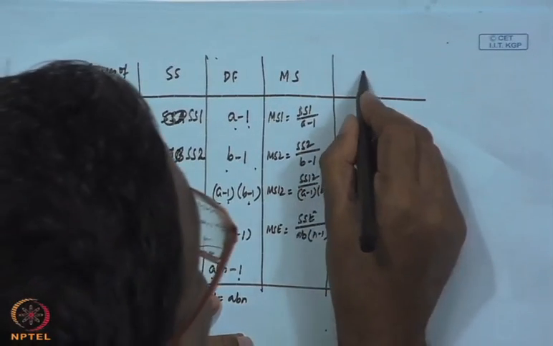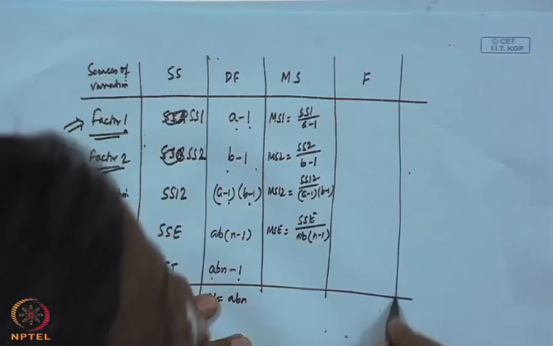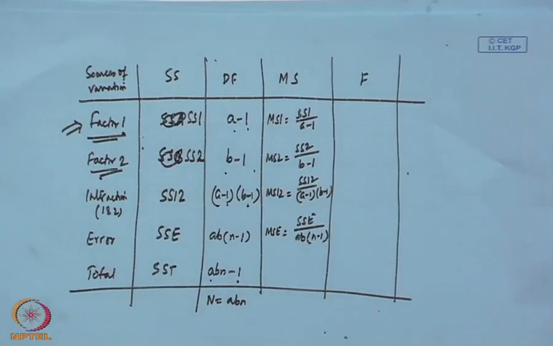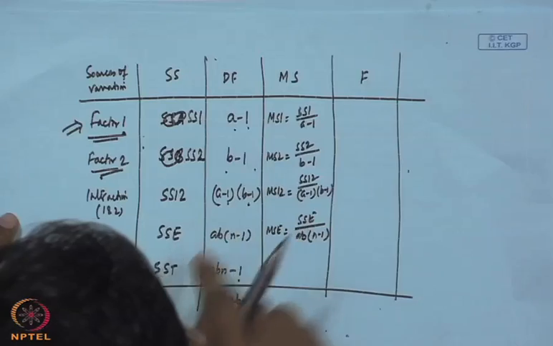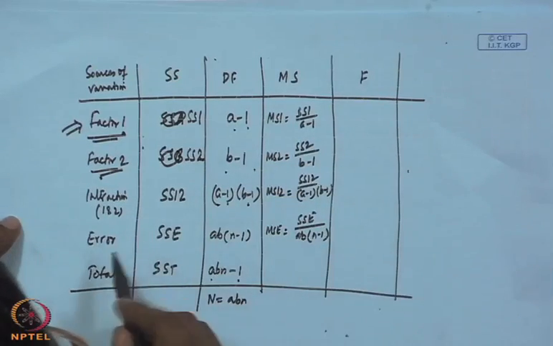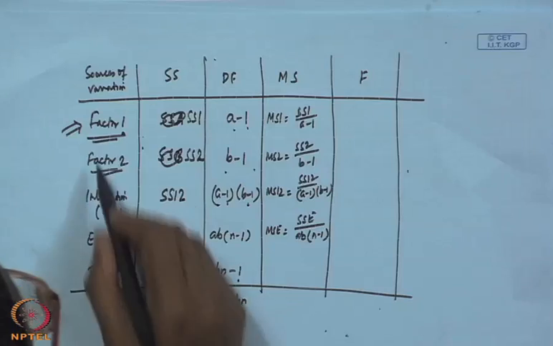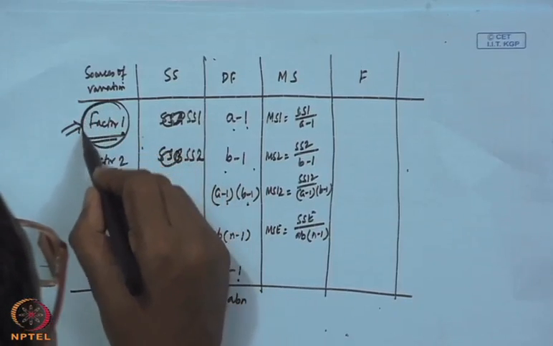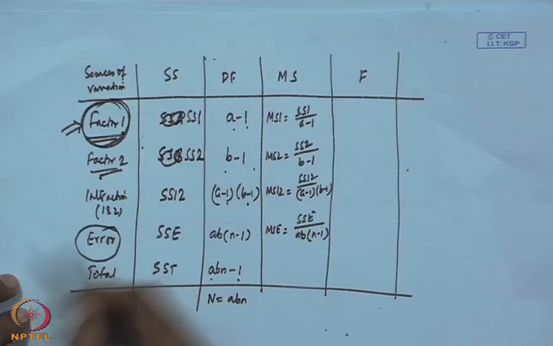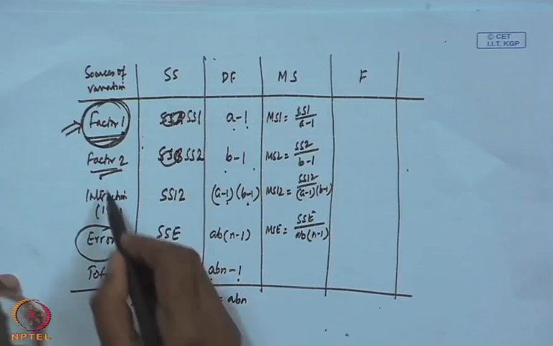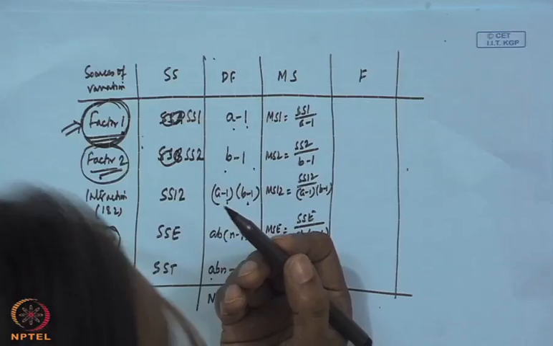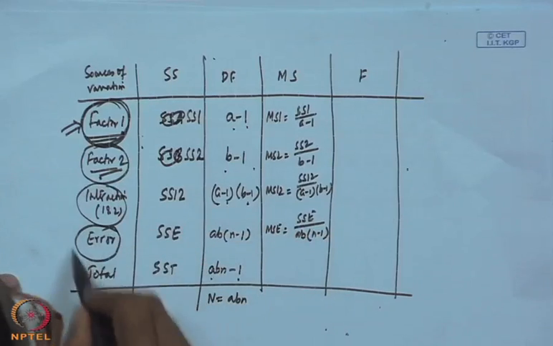Then you find out F. What will be your F? The concept of F here is why we use it in this fashion. What we want to see is whether factor 1's variability explanation is more than the error or not, whether factor 2 is explaining equally to error or it is better, or interaction to error.